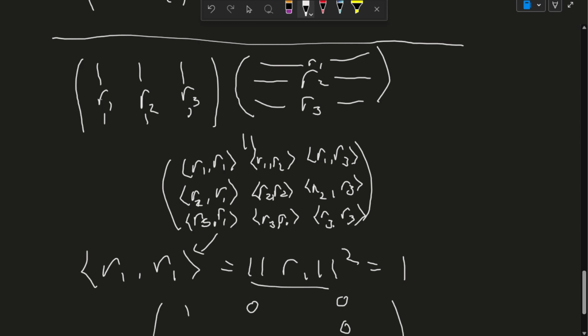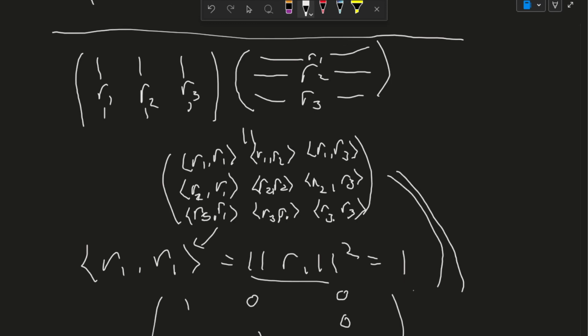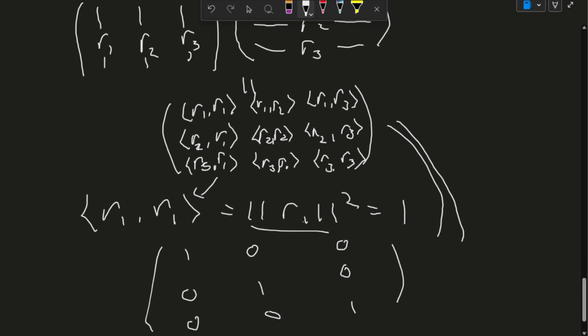If we don't start by assuming that these are orthogonal to each other or orthonormal, and we only start by assuming that this matrix here is equal to this identity matrix, then the norm of each of these vectors must be 1, because we have that this equals 1. And we also have that all the inner products between the vectors are going to be 0.